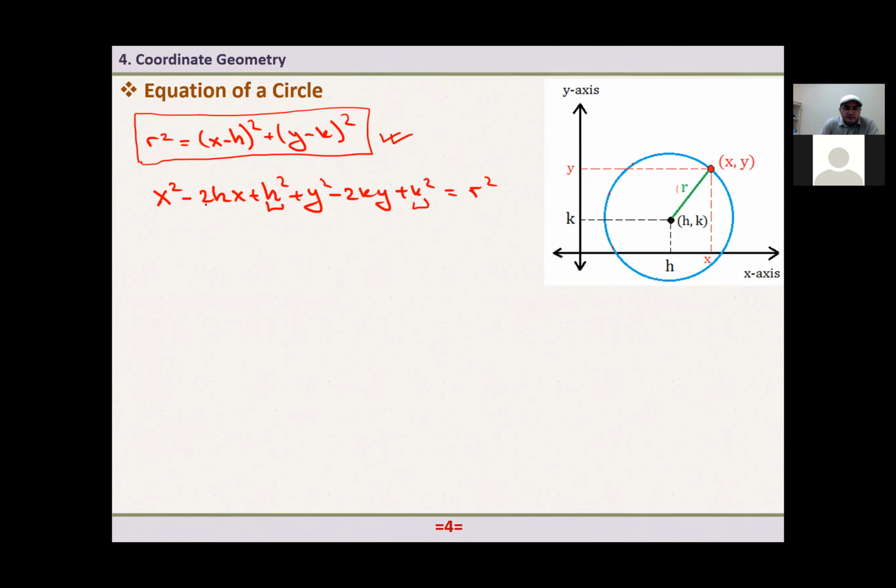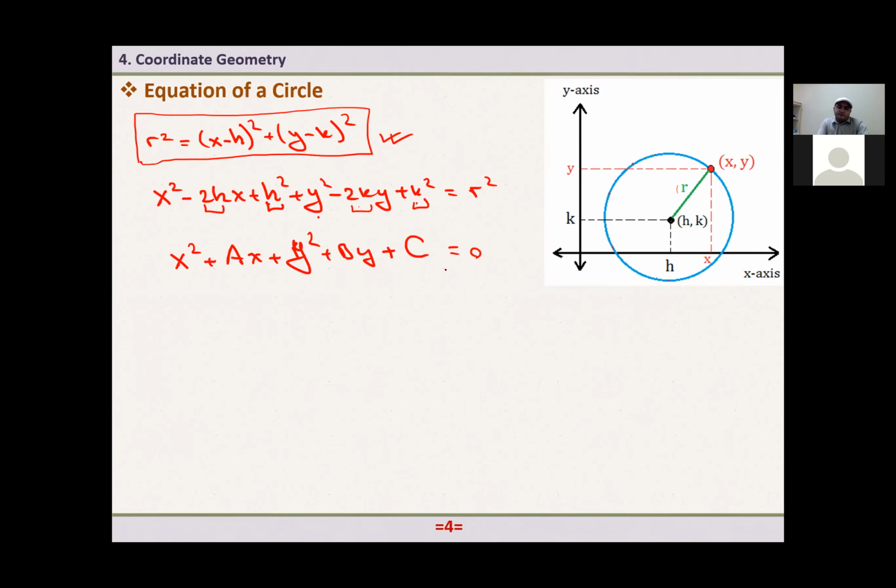I can denote these by some letters and write it as x squared plus ax plus y squared plus by. And here we have h squared plus k squared minus r squared. Let's say it is c.